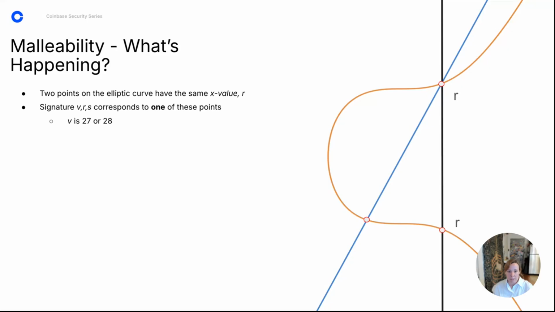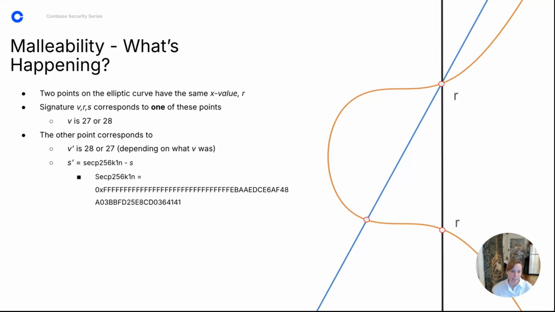So when we have a signature V, R, S corresponding to one of these points, that V value is one of two numbers, 27 or 28. In order to get the other point, whatever you had for your V value previously, you switch to the other one. And whatever you had for your S prime is going to be this weird looking thing, which is basically just the order of the elliptic curve, some value, minus S. And that value happens to look like this.